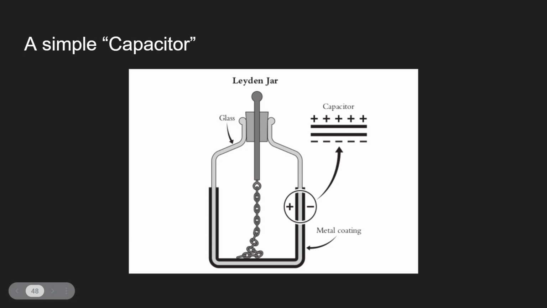So when we give electricity to it, the charge will stay on one side, depending on which charge you give them, so you have different charges on different sides. If we connect this inner coating with the outer coating, the energy will be released. The charge will move.